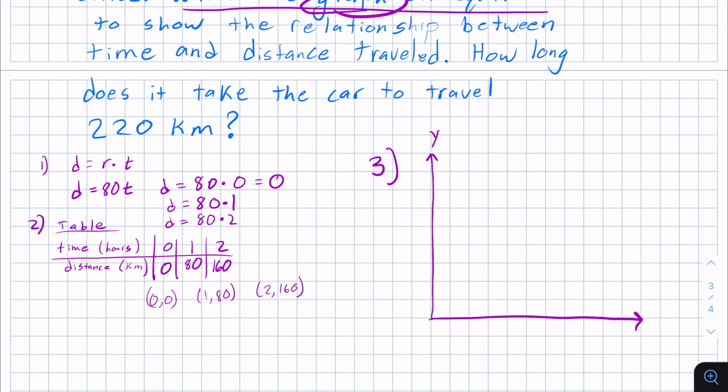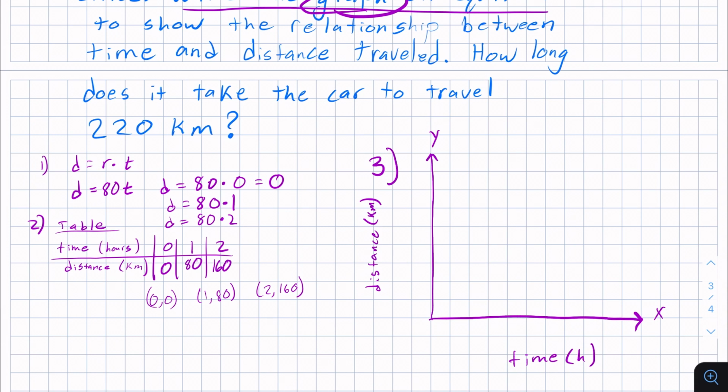So this is my y-axis and my x-axis, and this is my time down here in hours, and this is my distance over here in kilometers.